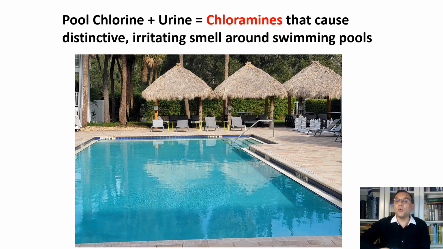Chloramines form in pool water when chlorine combines with the urine of the swimmers. Chloramines in the water, like dichloramine and trichloramine, irritate skin, eyes, and the respiratory tract when they gas off from the water into the air above, particularly indoors. So now you know: the stronger the smell around the swimming pool, the more people urinated in the swimming pool water.